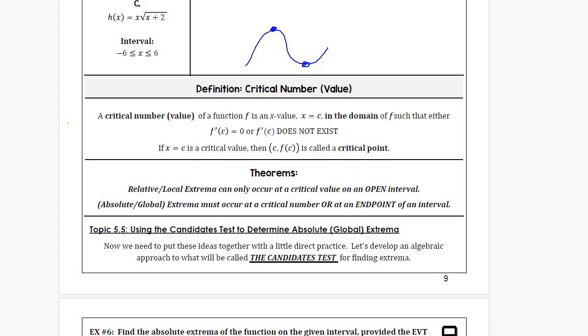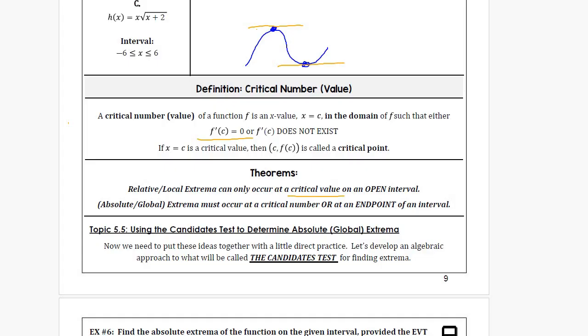And we have looked a little bit at how at those points, the slope of that tangent line is 0. And so if our relative extrema have to happen at those turning points, that also means that our relative extrema can only occur at a critical value, which basically that's what we're going to call when f prime of c equals 0.